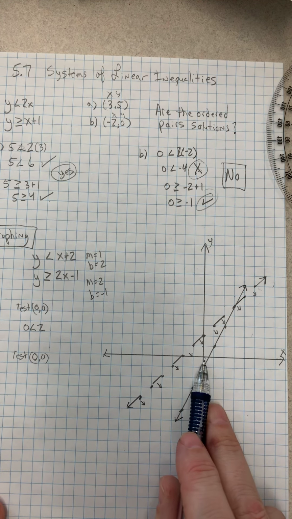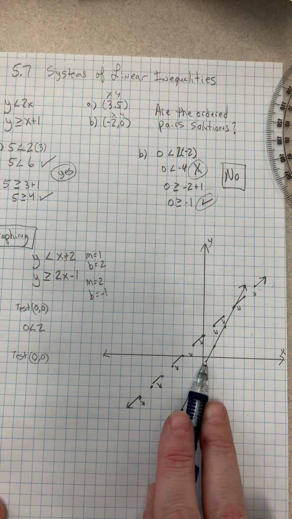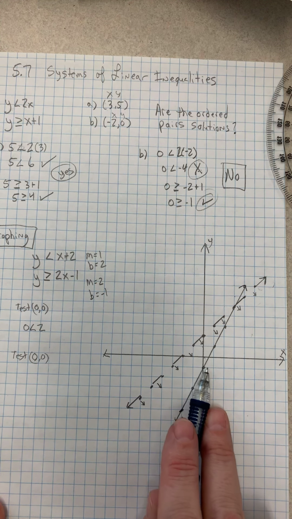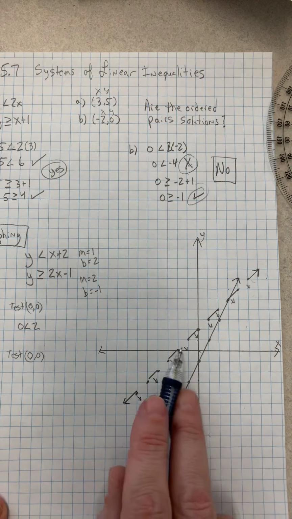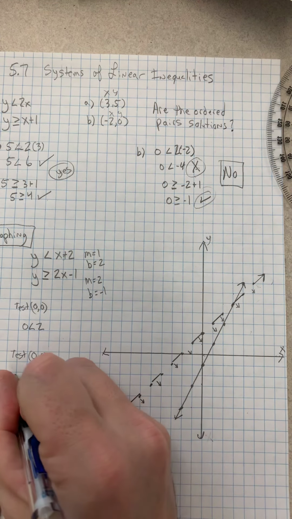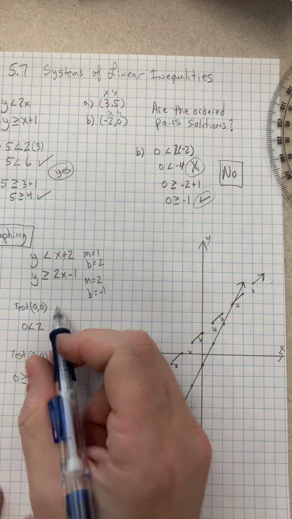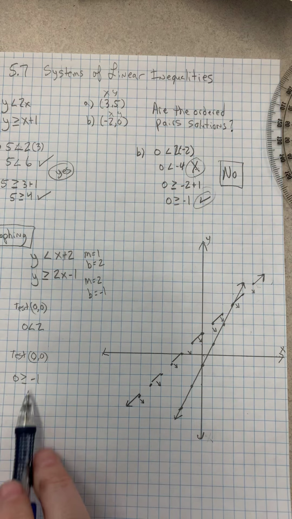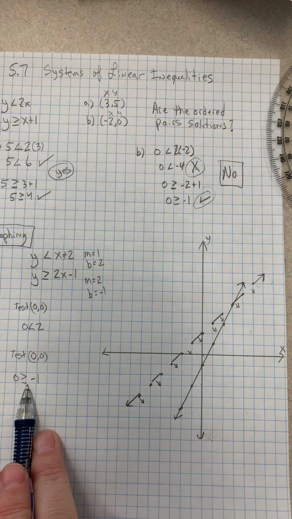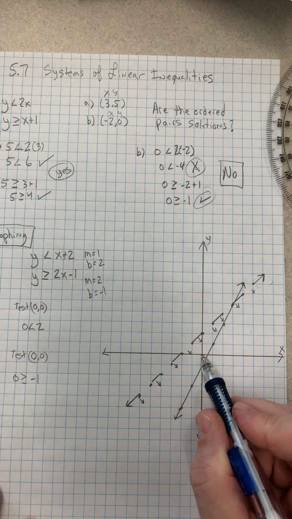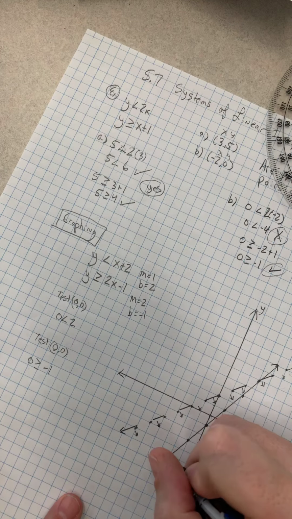And because I've already determined that I want y's greater, I should get a true statement with the origin. Let's test it. 0 would be greater than or equal to 2 times 0, which would just give me -1. Is 0 greater than or equal to -1? It's certainly greater than, which means I would include that point 0, 0. I want to shade this way.